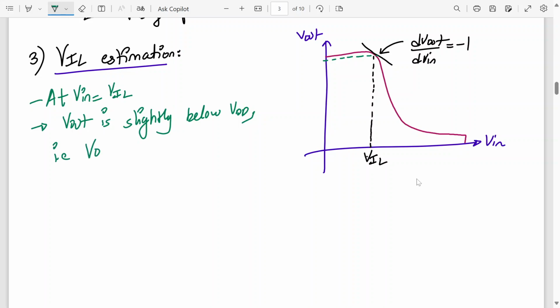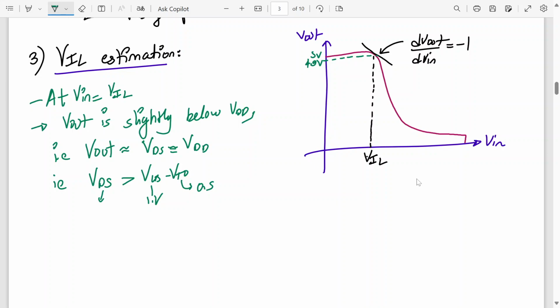Let's take some numbers. This might be 4.9 volt and this might be 5 volt. That's why we can say slightly below. So can we say V out is approximately equal to VDS? Actually V out is VDS, we have determined that. It's almost close to VDD. 4.9 or 5 volt, both are logic 1, right? So therefore we can say VDS is a higher value. So VDS is greater than VGS minus VTO. Let's say this is 0.5, this is 1 volt. Definitely VDS, which is a higher value, will be greater than VGS minus VTO.